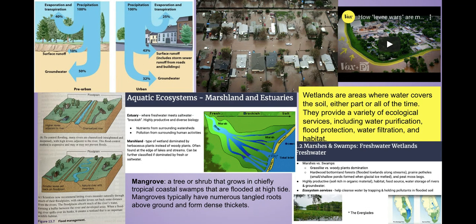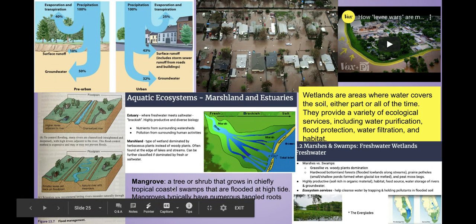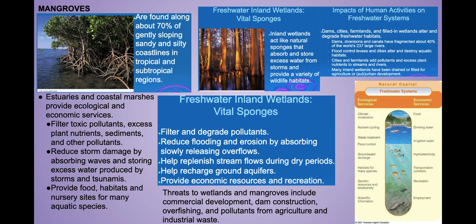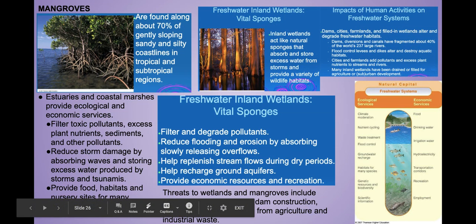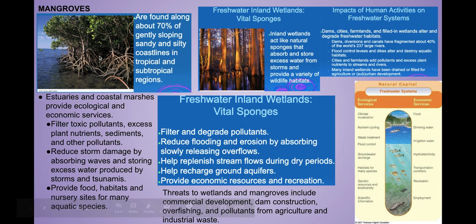We talked about the Everglades in Florida, and just to introduce, mangroves are trees that have these crazy roots, and I'll show you on the next slide. Mangroves are found along about 70% of gently sloping sandy and silty coastlines in tropical and subtropical regions. Remember the functions of these roots and how they are important for the growth of the mangroves.